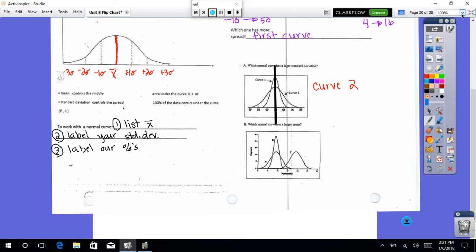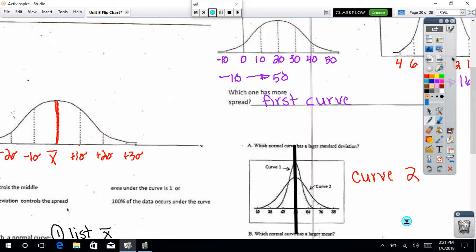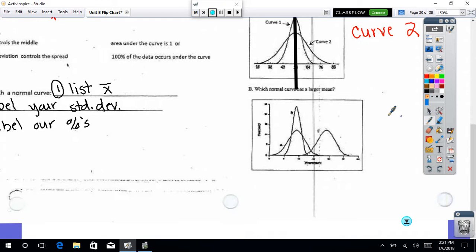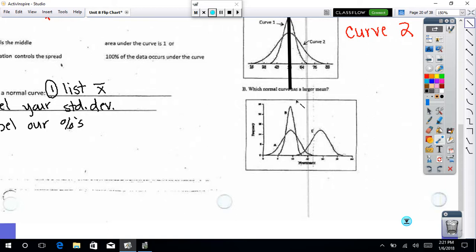Okay, the question's a little different down here. Let me zoom in. This one wants to know which curve has a larger mean or a larger average. Here is my scale down here at the bottom. I believe it's going by 5s. Kind of hard to see, it's a little cloudy. But these two right here have the exact same average.